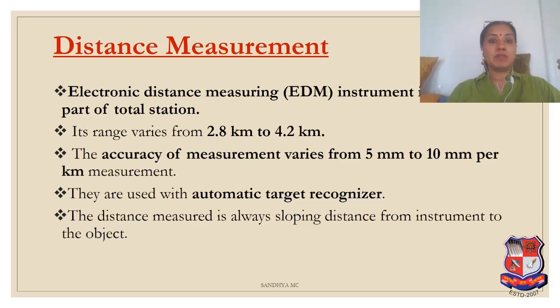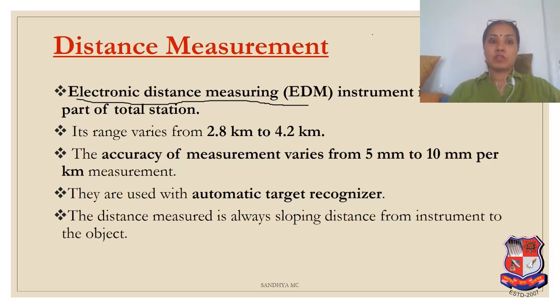Now we will see the first thing, distance measurement. I already told you that it can be used for the measurement of a horizontal distance between any two points. This can be done with the help of electromagnetic distance measurement. I said a total station is a combination of EDM and electronic theodolite.